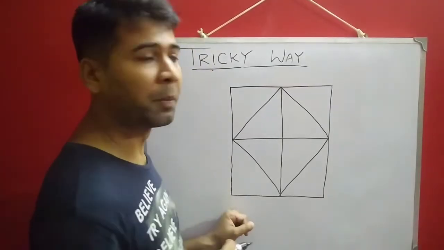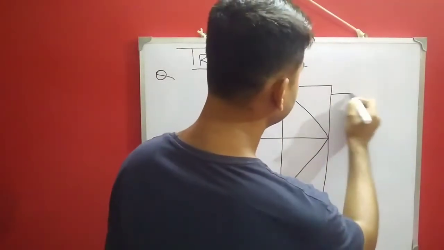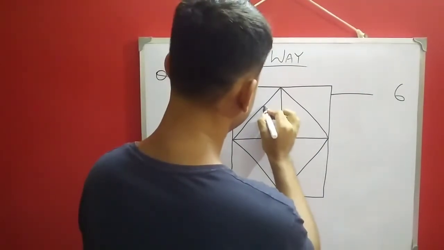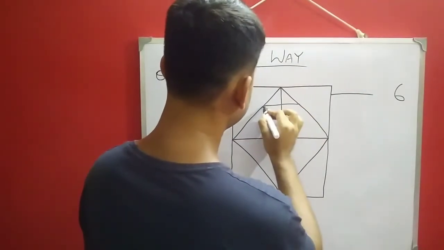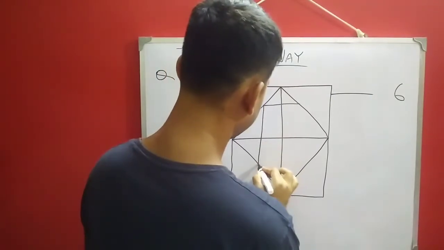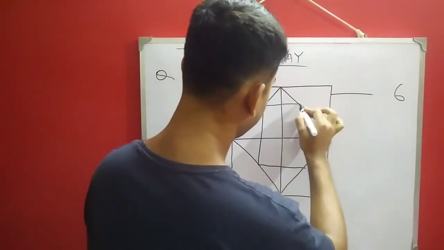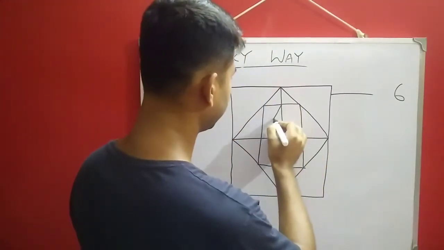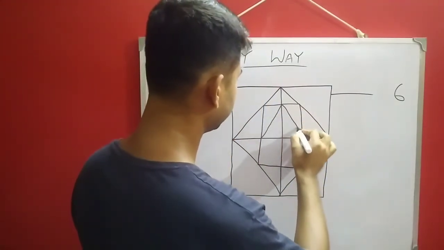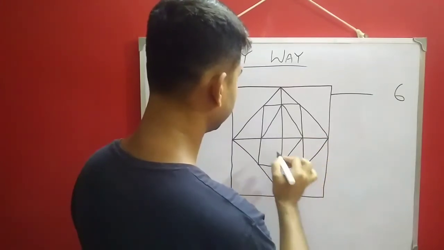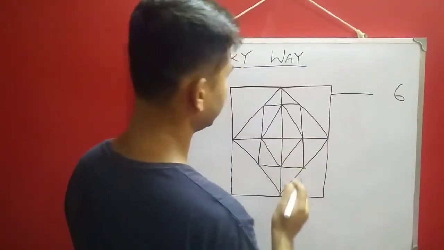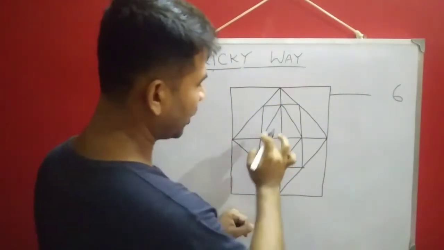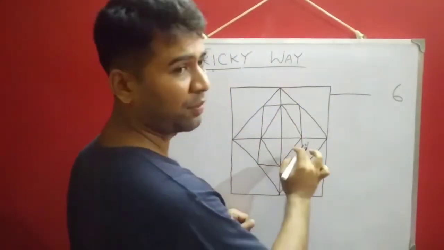So we know the total number of squares for this figure is 6, and there was one similar shape. So just omit the outer one. There is also a similar type of square.